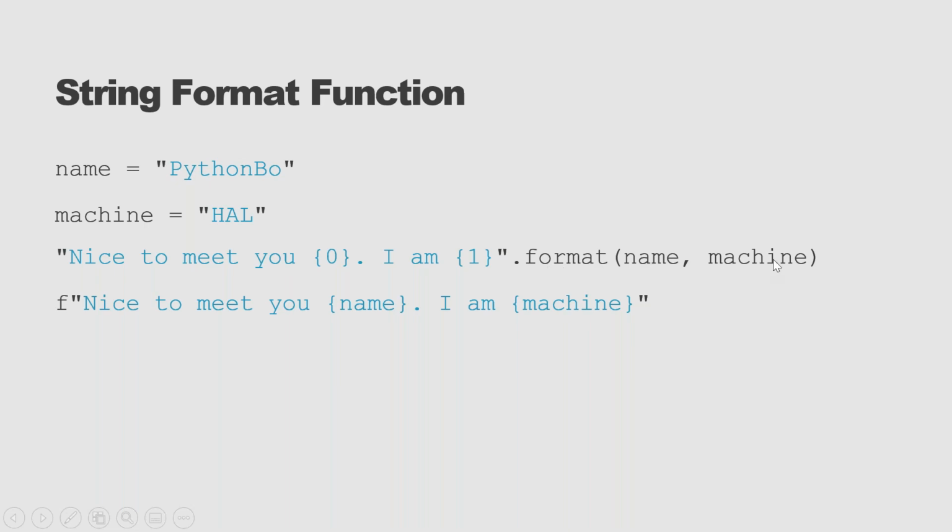Format name and machine. Format is a function which can be used with a string only. So the first parameter will be set at curly braces 0, the second parameter at curly braces 1. If you have one more parameter, curly braces 2, like that. So what will it print? Tell me.